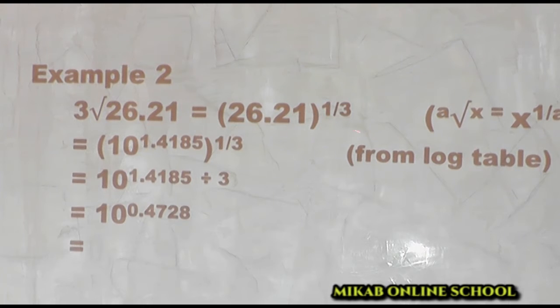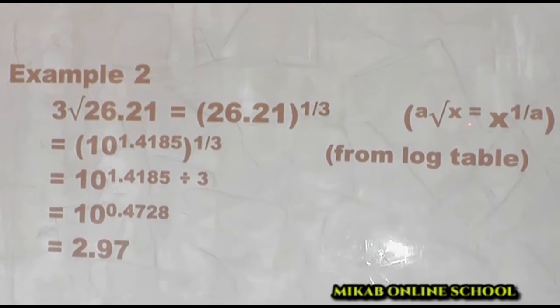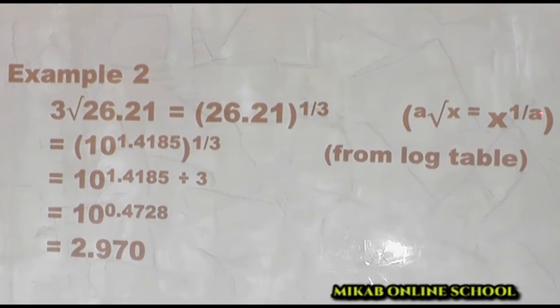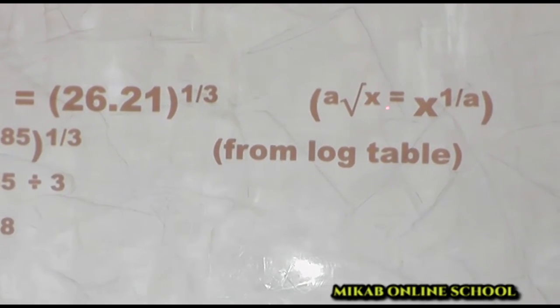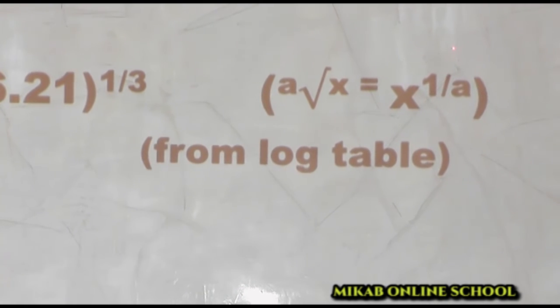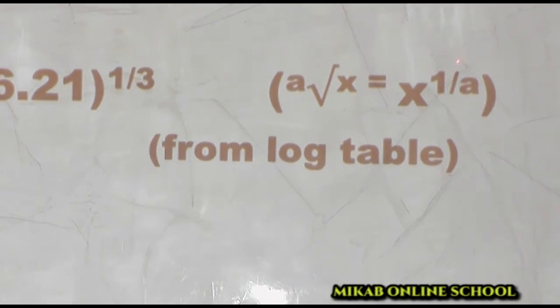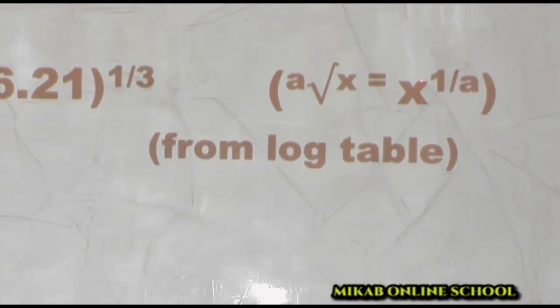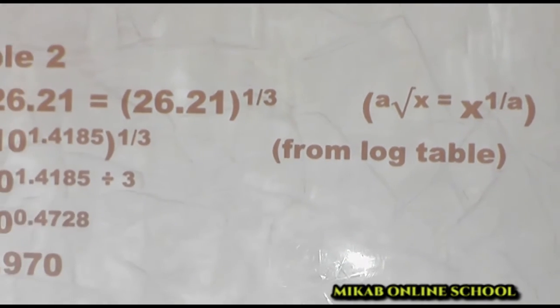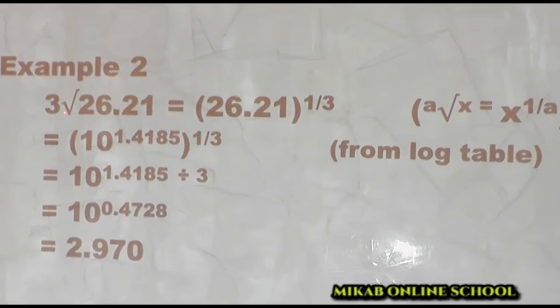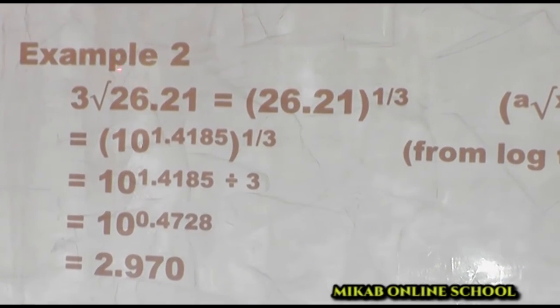This is the meaning, from the laws of indices, where when we have the a-th root of x, it is equal to x raised to the power of 1 over a. That means x raised to the power of 1 over a is the same thing as the a-th root of x. So that is the same thing we have here, where we have the cube root of 26.21.